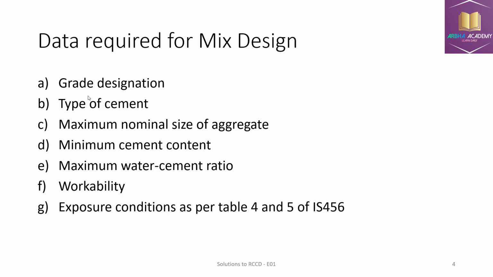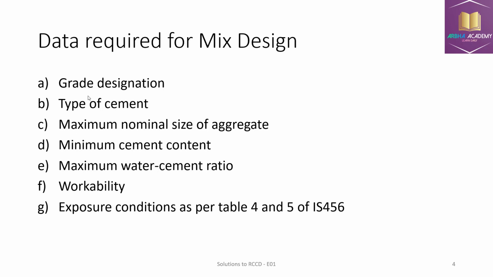And then followed by the exposure conditions. So these exposure conditions vary from normal, medium, until severe, and very severe conditions are also there. Majorly the conditions of exposure are determined with respect to corrosion, majorly, and the intrusion of chlorine and sulfate compounds into the concrete layers.